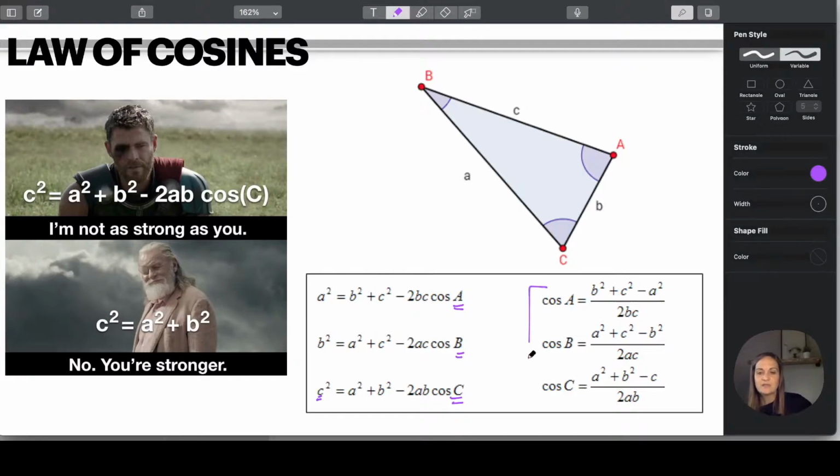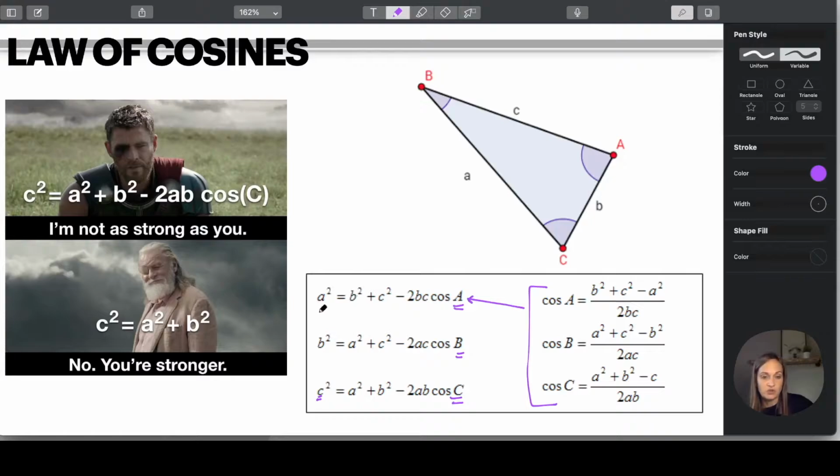Now, these formulas look very weird. However, they are actually derived from the first three formulas. So, if you need to find an angle, these three formulas basically already have it solved for you to find the cosine of that angle. It is derived from over here.